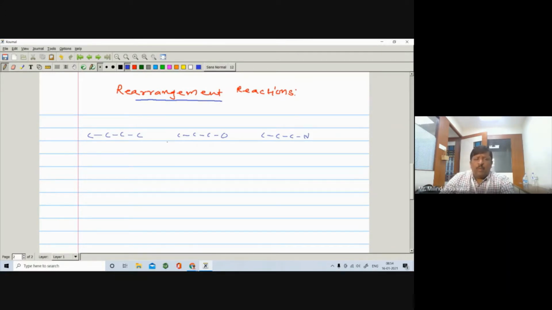When there is a reshuffling of the skeleton in an organic molecule, it is called a rearrangement reaction. So what is the rearrangement reaction? A reshuffling or rearrangement of the skeleton in a molecule is called a rearrangement reaction.